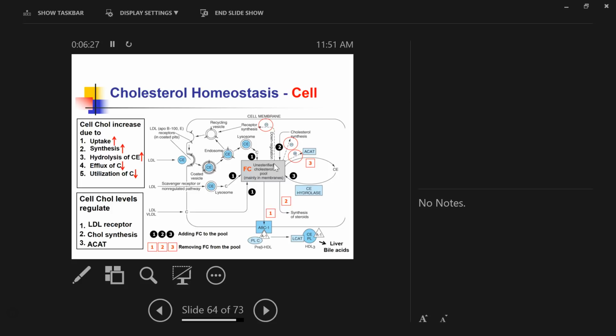So omega-6 fatty acids, particularly arachidonic acid, are the substrate for the pro-inflammatory biomediators, eicosanoids or leukotrienes, etc. And omega-3 fatty acids are usually used for synthesis of anti-inflammatory eicosanoids or biomediators. So they have different roles, right?